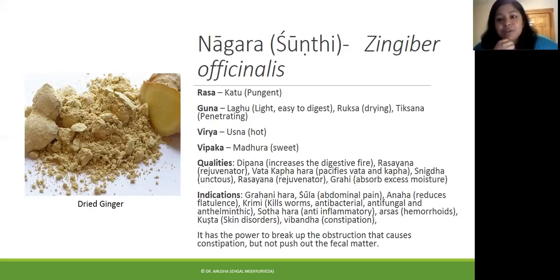It's still a madhura vipaka. The qualities are deepaniya, rasayana, and it's of course very similar in properties to the other herbs as well. It's snigdha, rasayana, and also grahi.